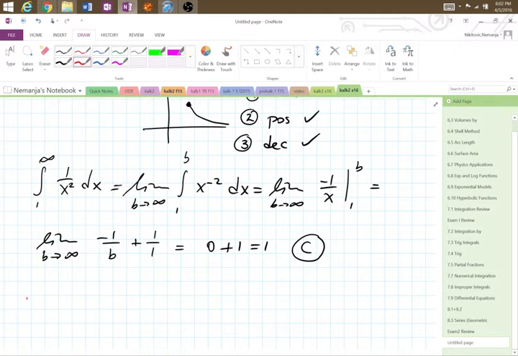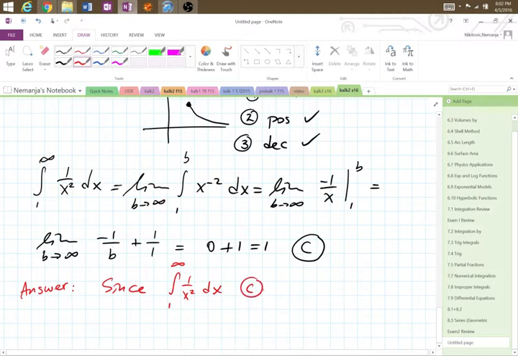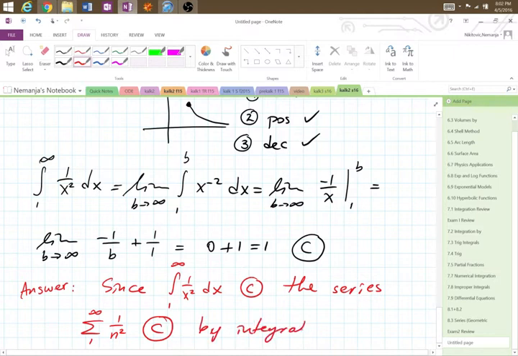Your answer is, since the integral from 1 to infinity of 1 over x squared dx converges, the series summation from 1 to infinity of 1 over n squared converges by the integral test.